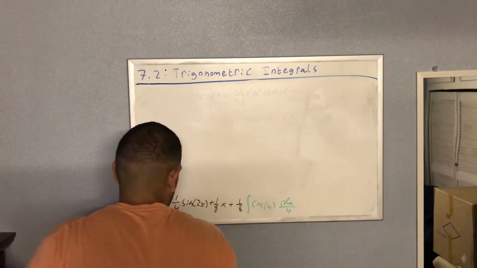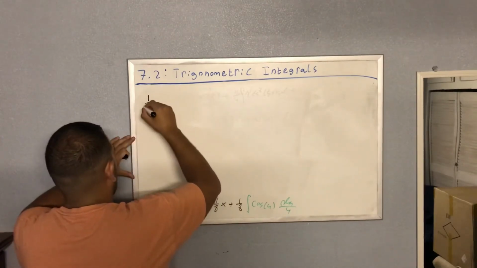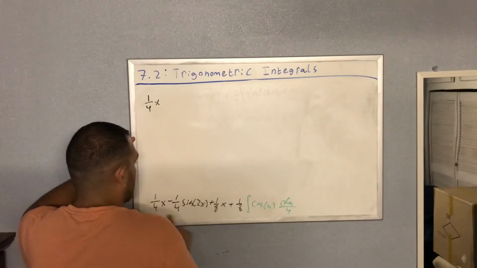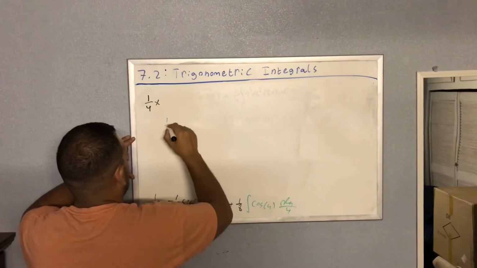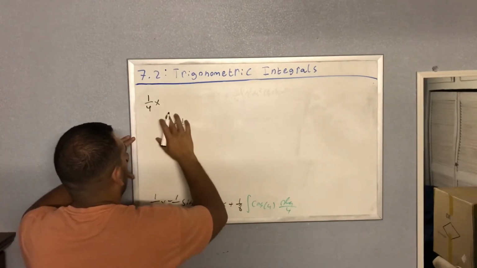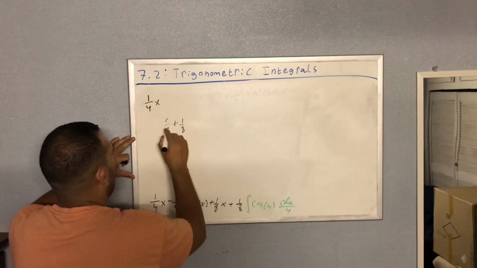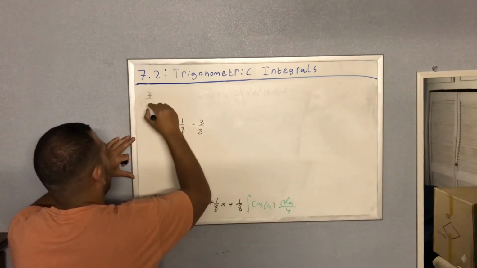Finally, this 1/8 times a 4th gives us a 1/32. So we have 1/4 x, and this 1/4 x and this 1/8 x are like terms. So we can just think about it as just adding 1/4 to an 8 for a second. So 1/4 is the same as 2/8. So when they add, they give 3/8. So we get a 3/8 x out of that.